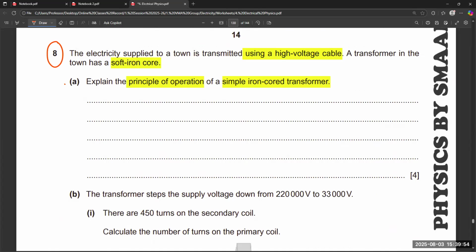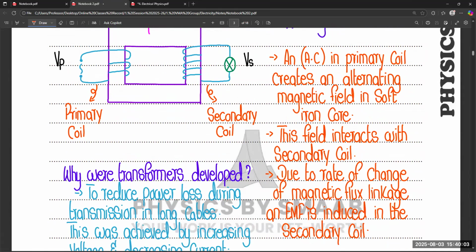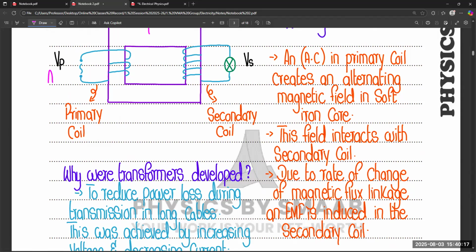Basically, this is a copy paste question from the working of the transformer. We already discussed the working of the transformer. In a transformer, it is very important to show that we start from an AC source, not a DC source. So we are using an AC source in the primary coil.